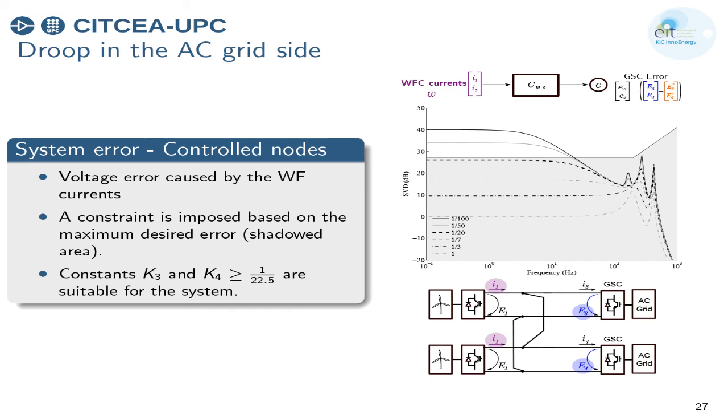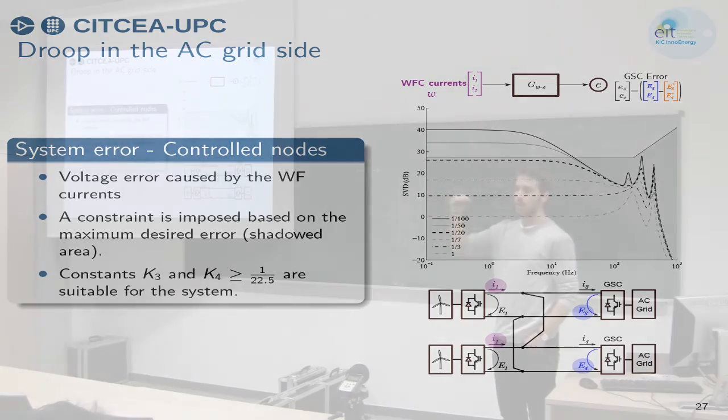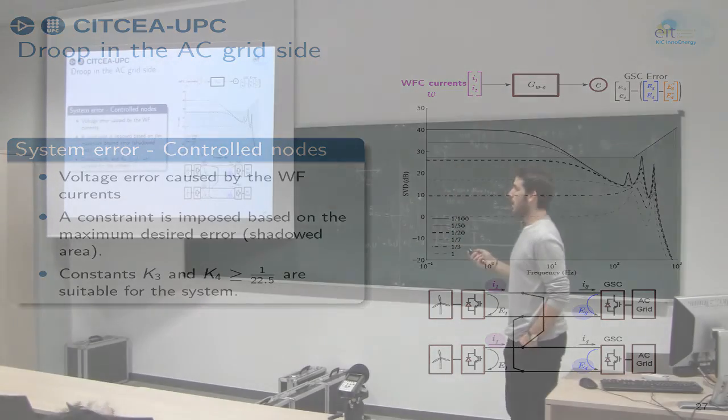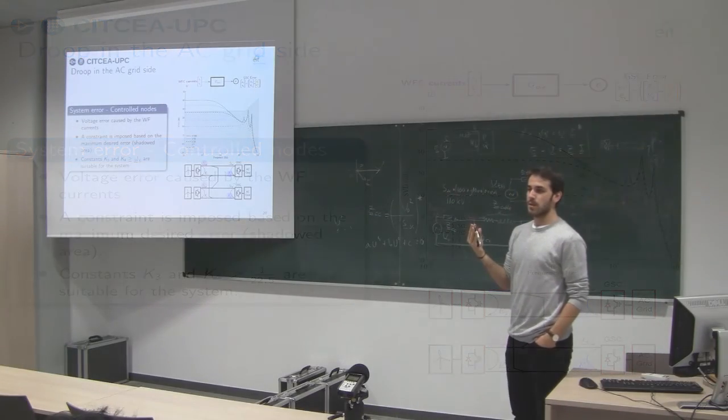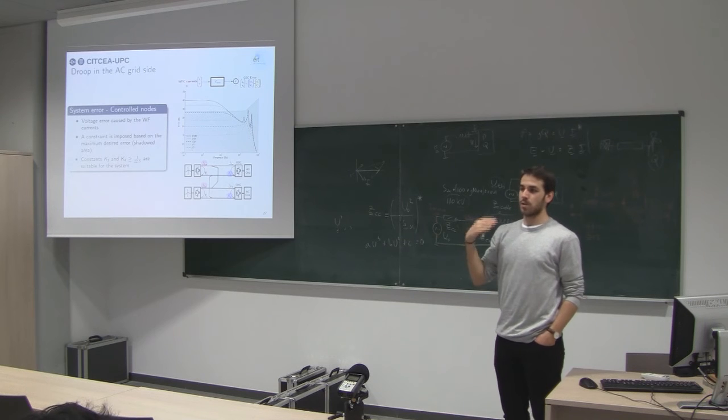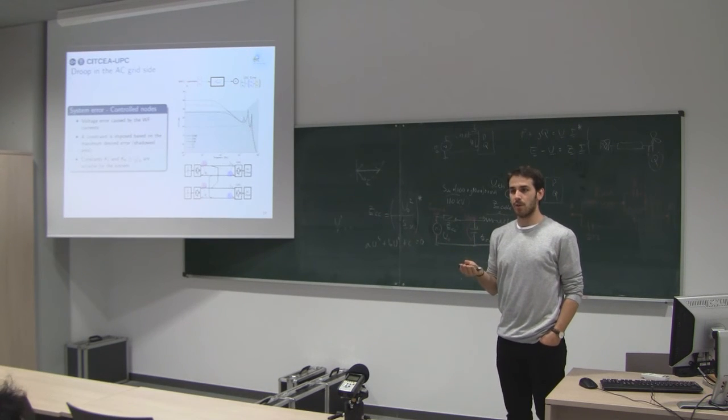Analyzing with what are called singular values gives you the maximum gain of the system for any possible input. It says my system is going to amplify the input that much in the worst possible case. And if you know the worst possible input, you can limit the behavior of your converter.